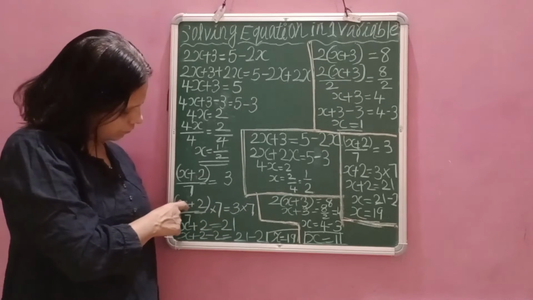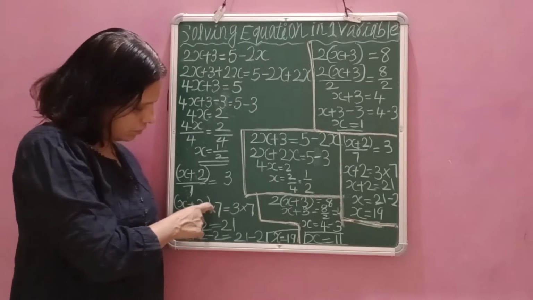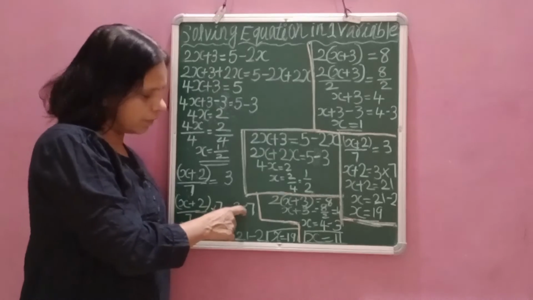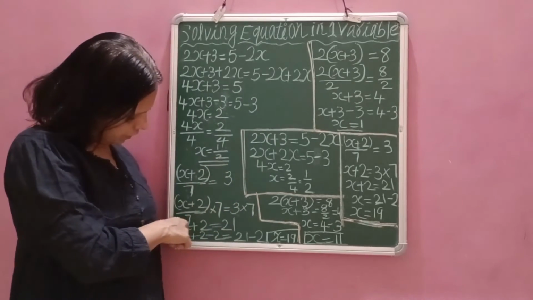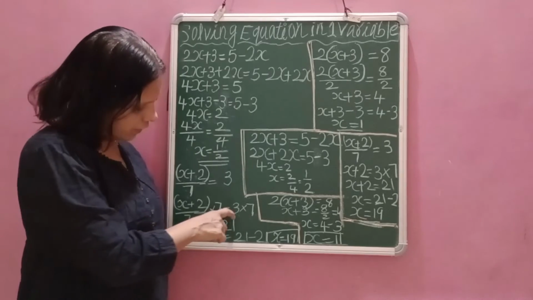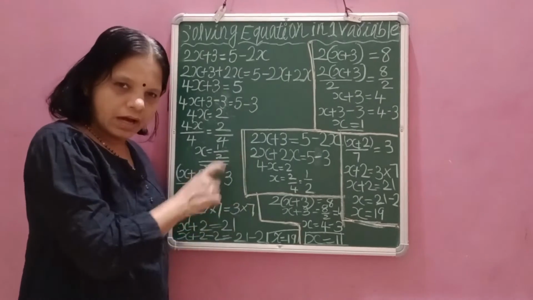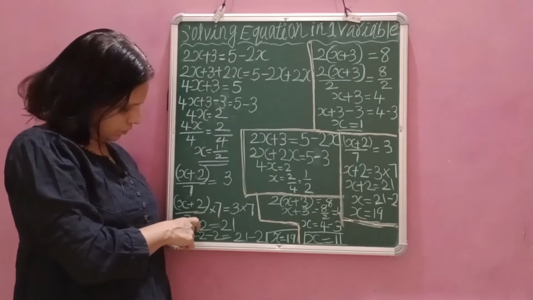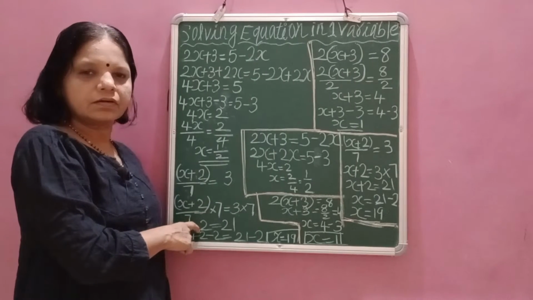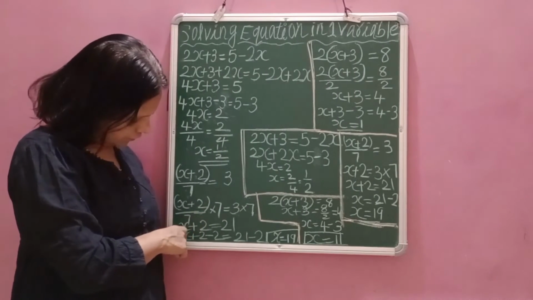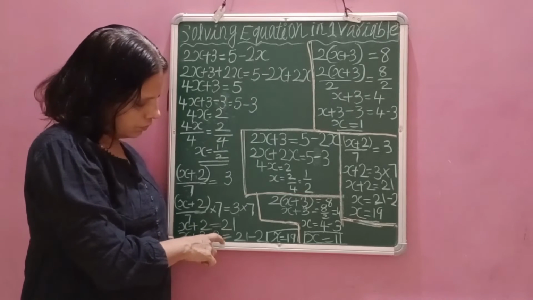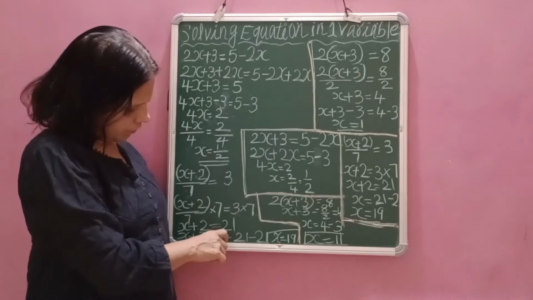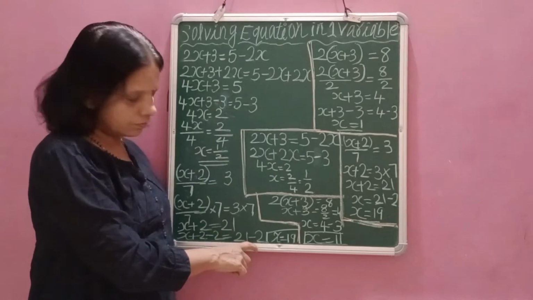That is x plus 2 upon 7 into 7. Same multiplication you have to do: 3 into 7. So x plus 2 equal to 3 sevens are 21. After that you have to cancel plus 2. That is x plus 2 minus 2 equal to 21 minus 2.